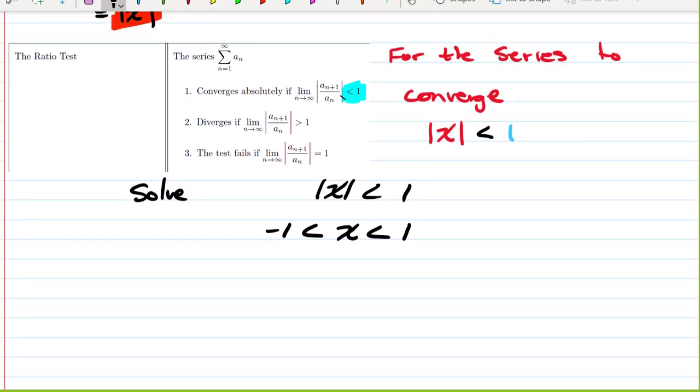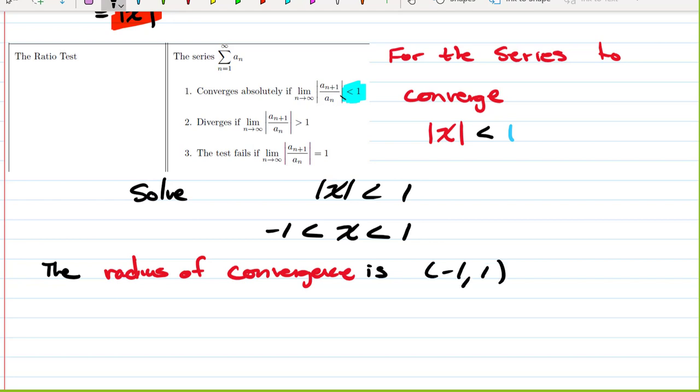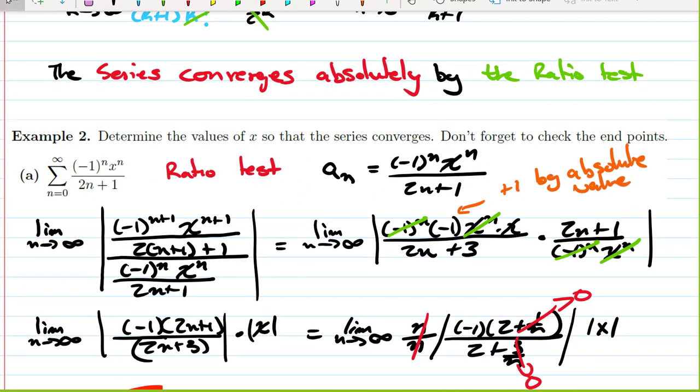So the interval of convergence, or the radius of convergence, sorry, is -1 to 1. But then we were given this hint. It says don't forget to check the endpoints.